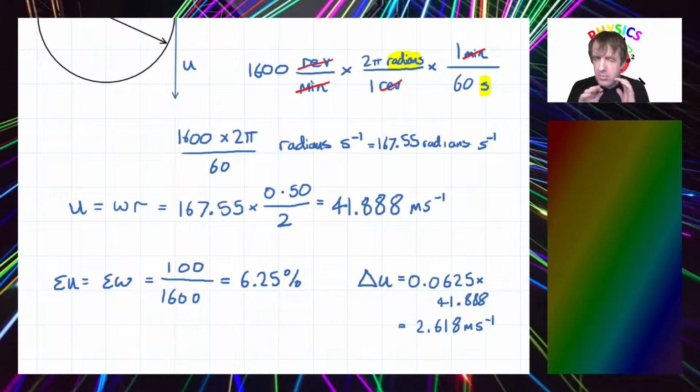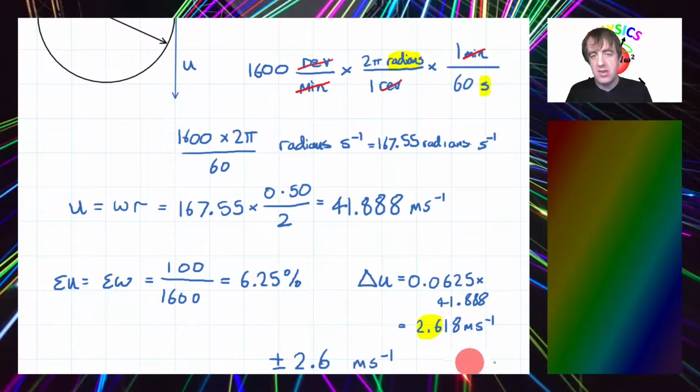But because that rule is a bit complicated, in A-level physics, we tend to just give our uncertainties to 2 significant figures. So I'm going to fill in my uncertainty, 2.6. And I know the unit is going to be meters per second at the bottom there.